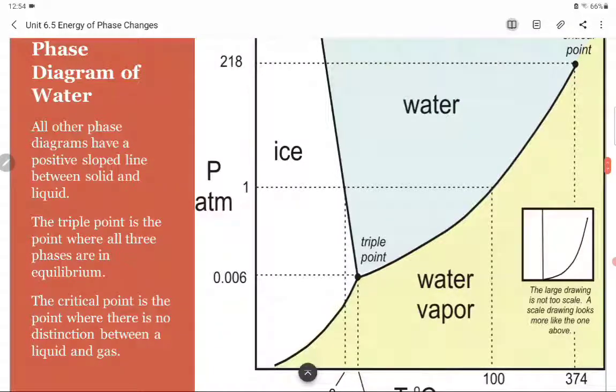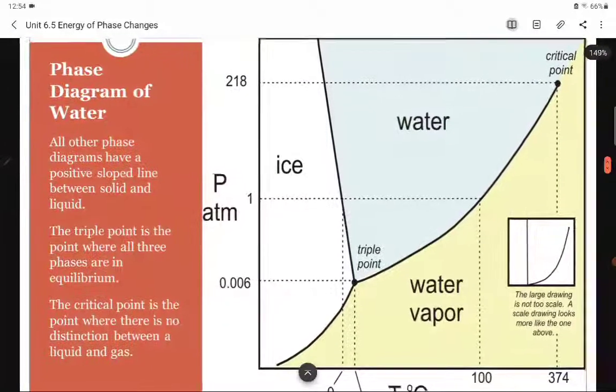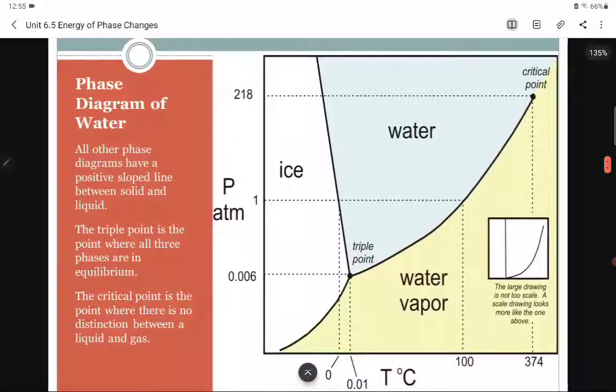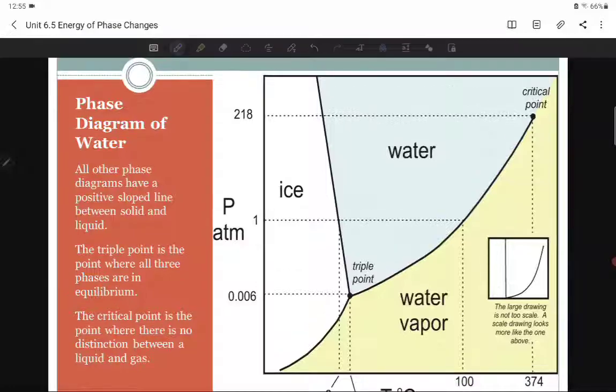I'm going to make this just a smidge smaller so we can get that all to fit in. Okay, so phase change of water. Most phase diagrams, by the way, are not going to look like water's phase diagram. They're going to look like this.